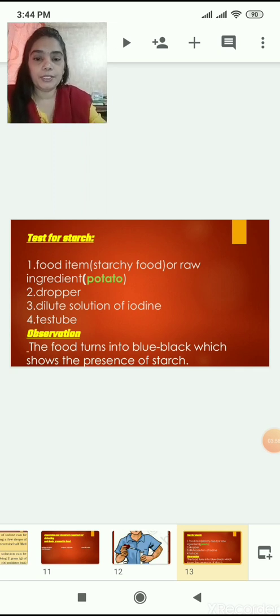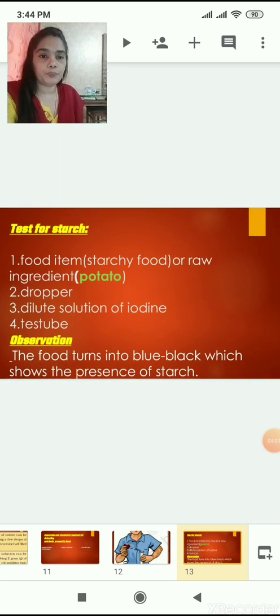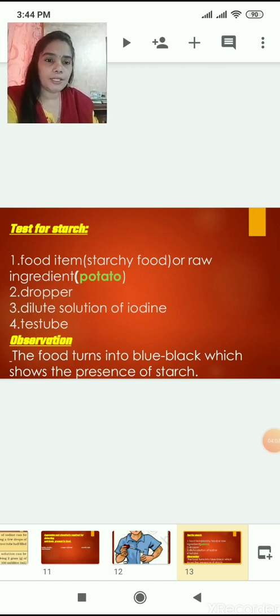Now we are going to conduct the test for starch, here with a potato. Take a small quantity of food item or raw ingredient and put 2-3 drops of dilute iodine solution on it. You will take a potato and cut it, and if it is a cooked one, you will take some food and add the dilute solution.